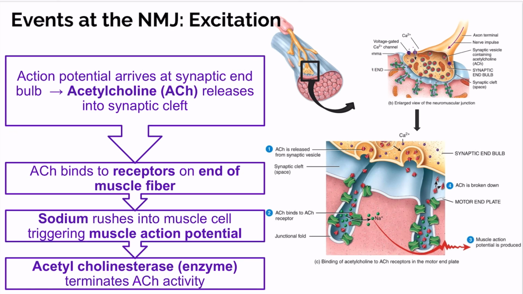An action potential, which is basically just a signal, is going to come down the length of our axon, spit out neurotransmitter of our synaptic terminal, and that specific neurotransmitter that excites all skeletal muscle is called acetylcholine.